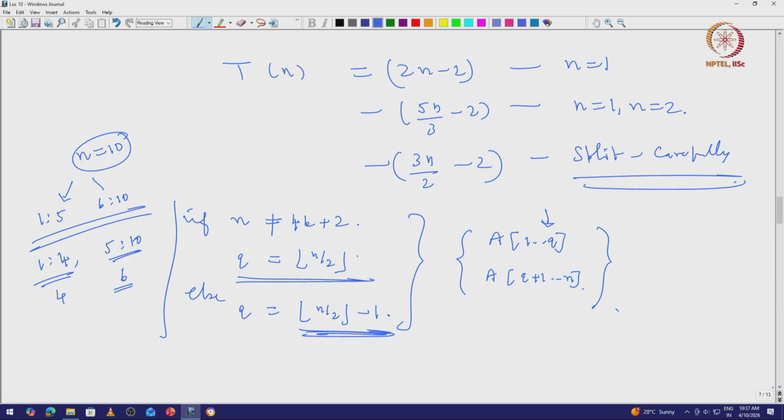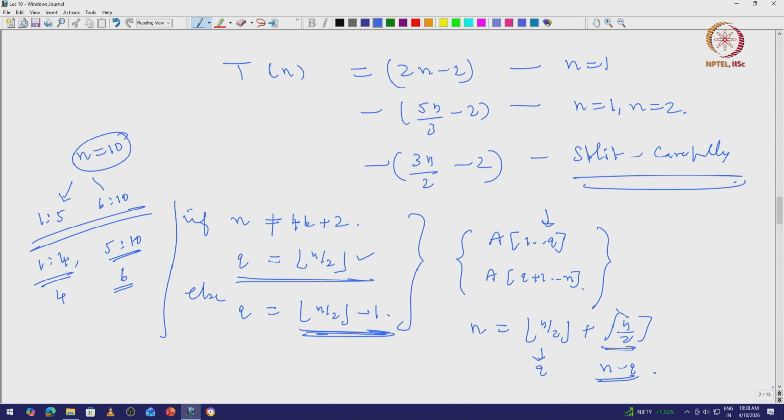That is, you use q equal to floor n by 2, therefore, the other part will be ceil n by 2. n is split into 2 parts. Okay? n equal to floor n by 2 plus ceil n by 2. So, this is q, therefore, this will be n minus q, the other part will have size ceil n by 2.